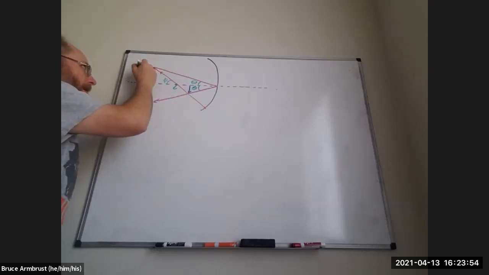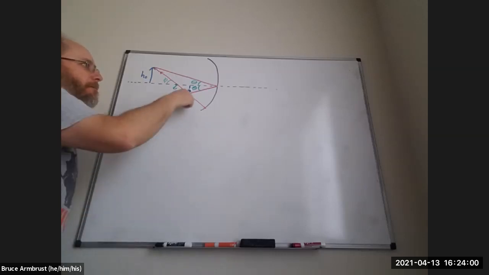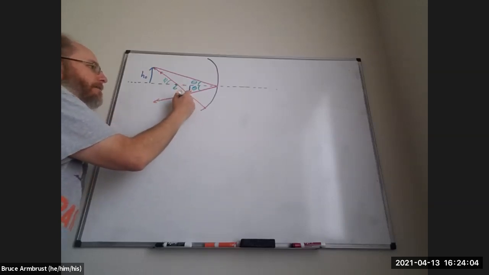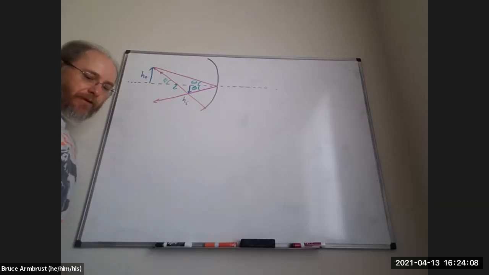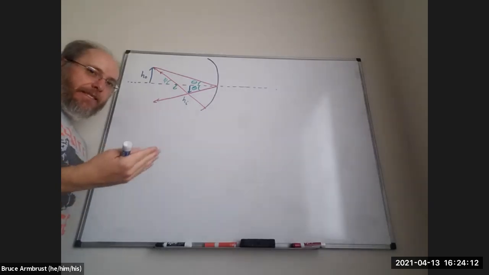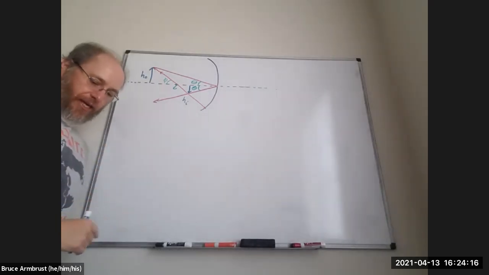The object is going to have a height of HO, and the image is going to have a height of HI. We're going to do the same kind of notation that we did for distances. We had DO and DI, and we'll have HO and HI.